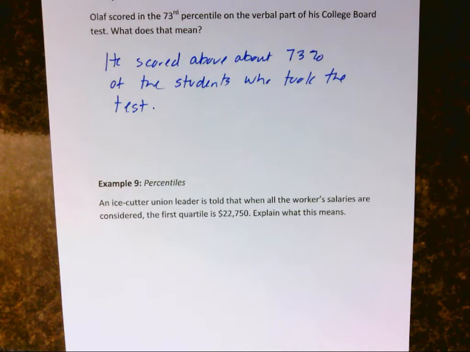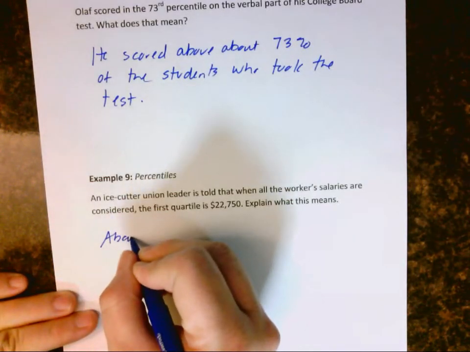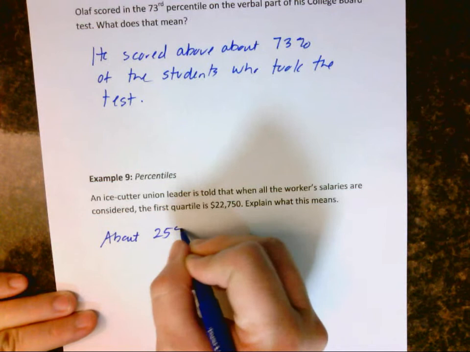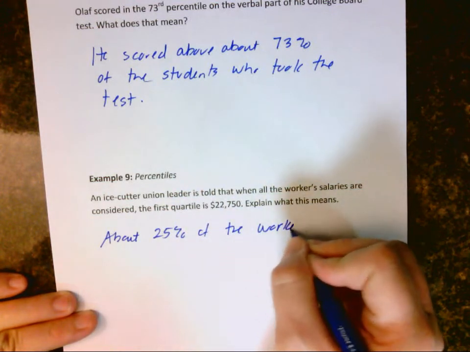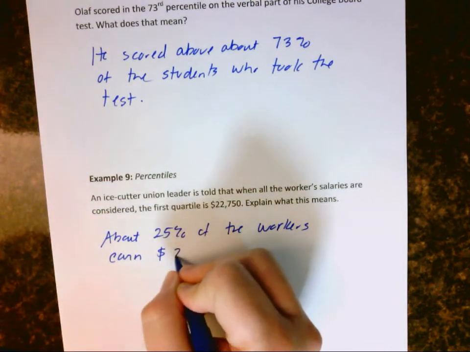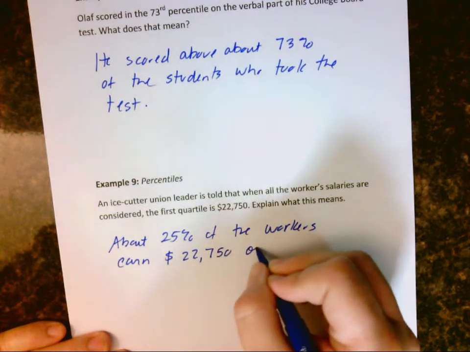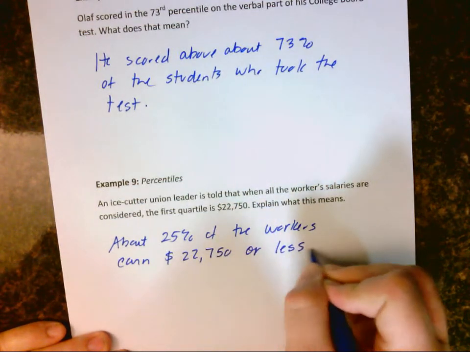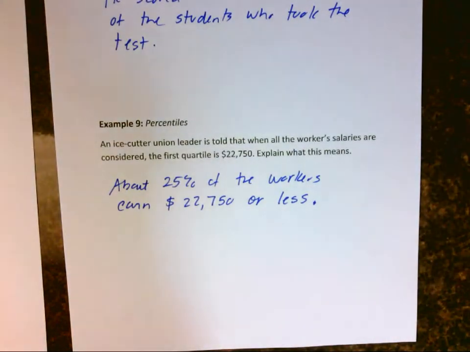That means about 25% of the workers earn 22,750 or less. So there we go on that, and we may do some more of these.